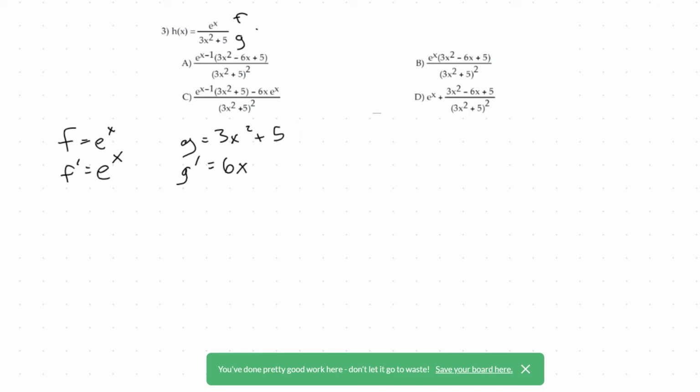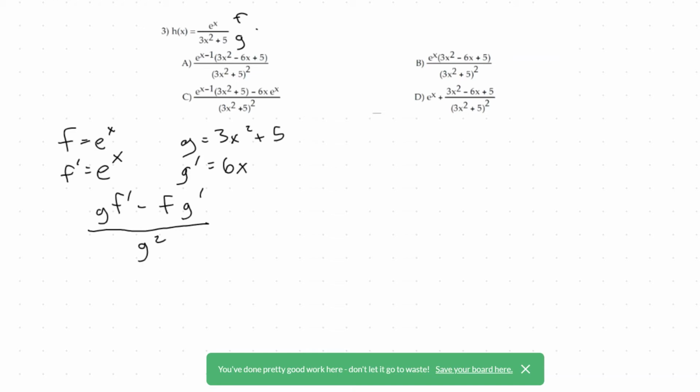So the equation for the quotient rule, if you recall, is the bottom times the derivative of the top minus the top times the derivative of the bottom, and this is all divided by the bottom squared.